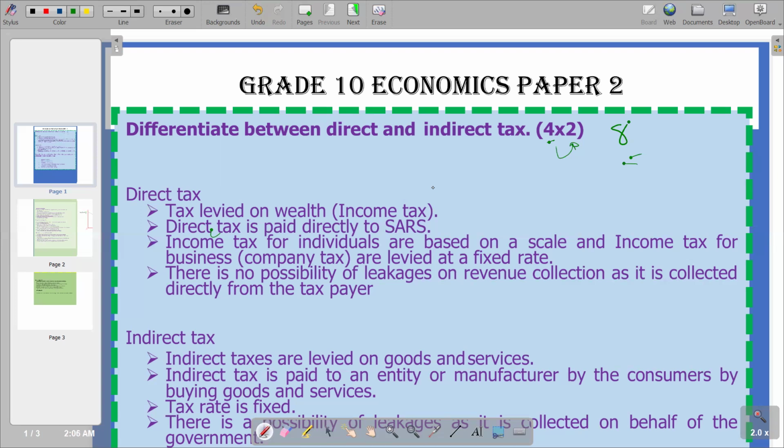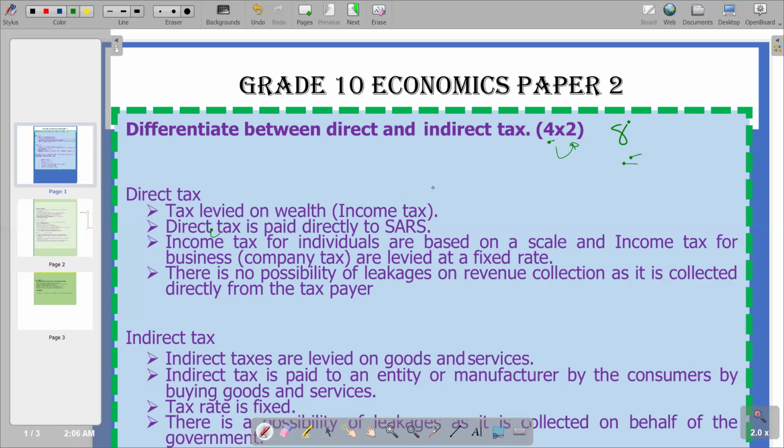Under direct taxes, the tax authority is responsible for collecting the tax, and that is SARS in the context of South Africa. Indirect tax is collected by a manufacturer or a retailer on behalf of SARS.